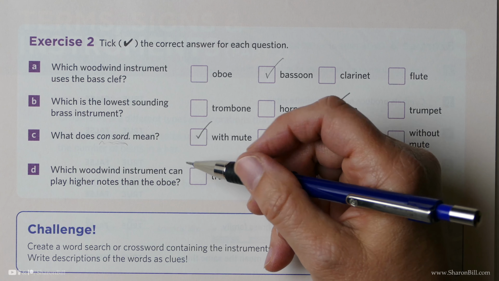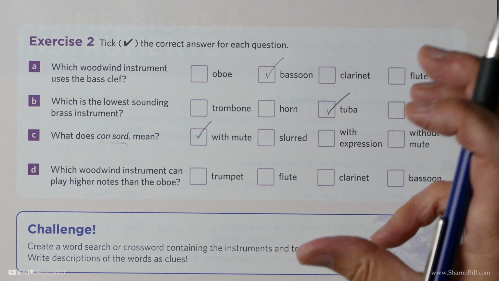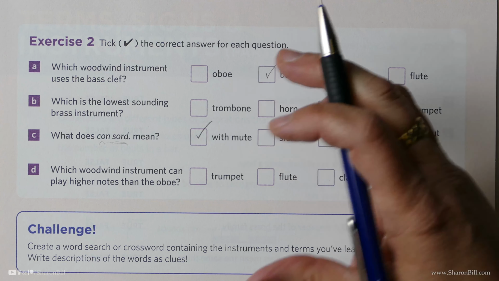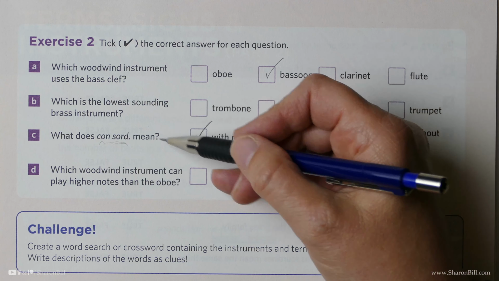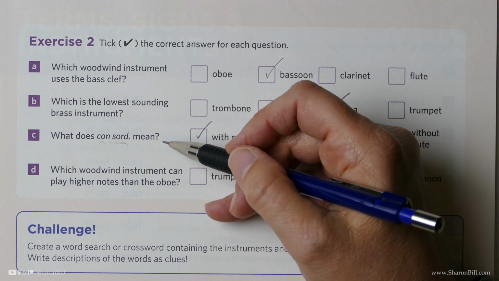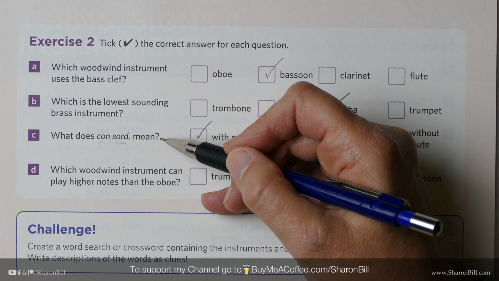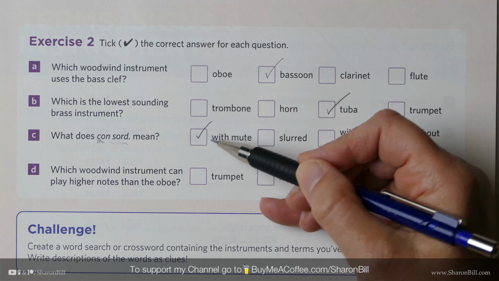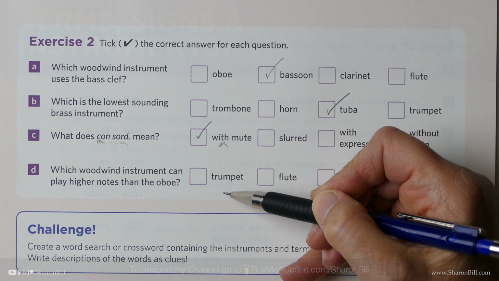They shove a cork or plastic bell into the opening, and that muffles the sound a little bit and cuts back on the striking volume. So we can mute brass instruments as well. So con is with, that's the one we're after there.